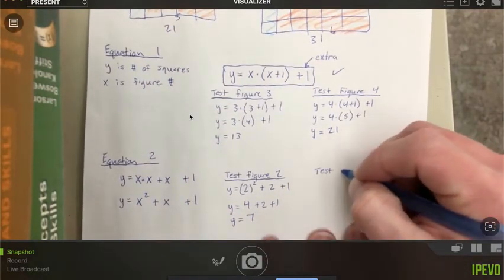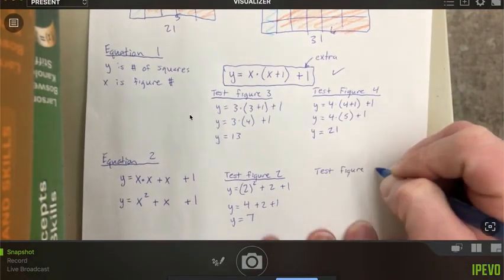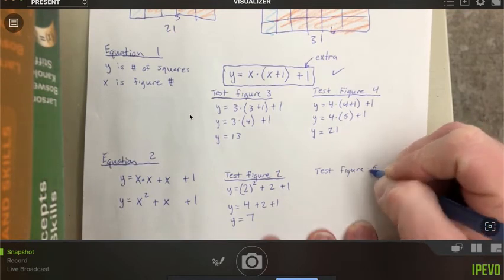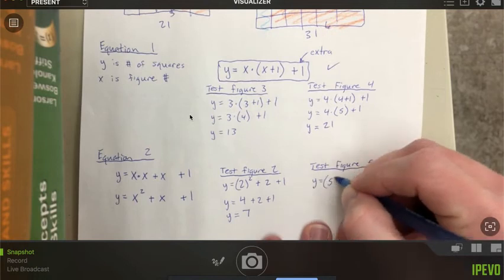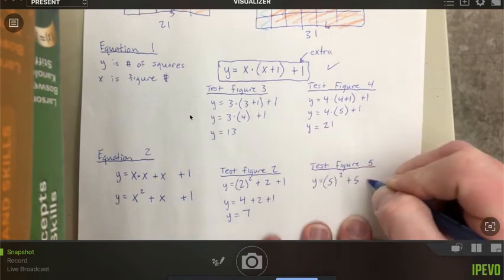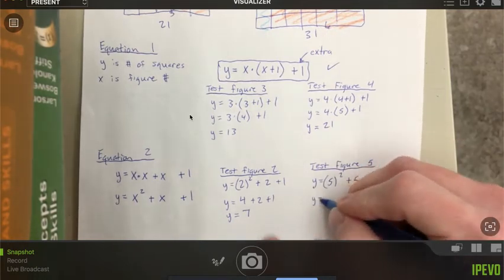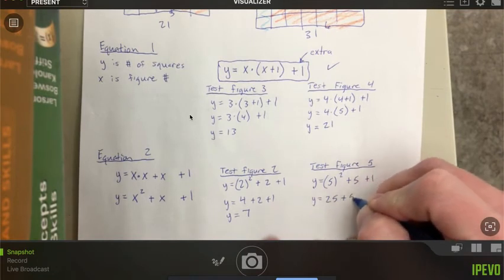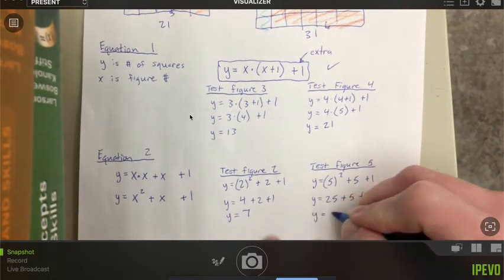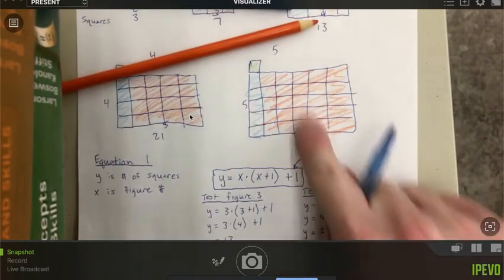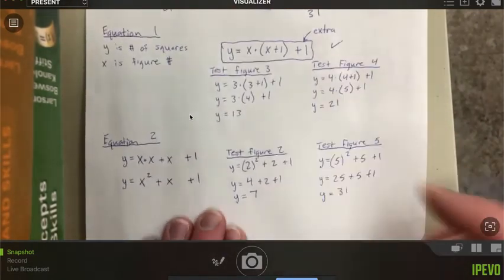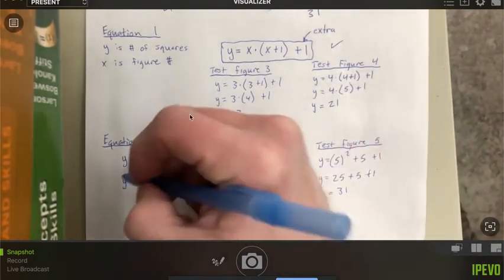And let's do one more quick test. Let's try figure 5. So that would be 5 squared plus 5 plus 1, which would be 25 plus 5 plus 1, which is 31. And sure enough, figure 5 has 31 squares. And so this equation also works.